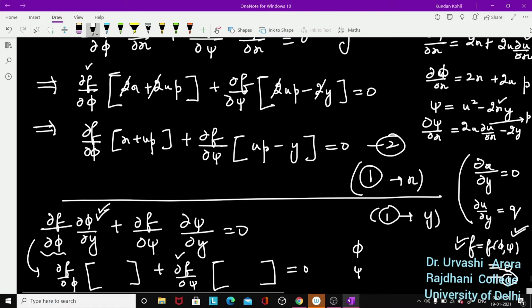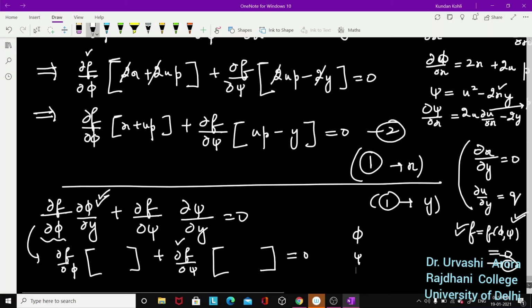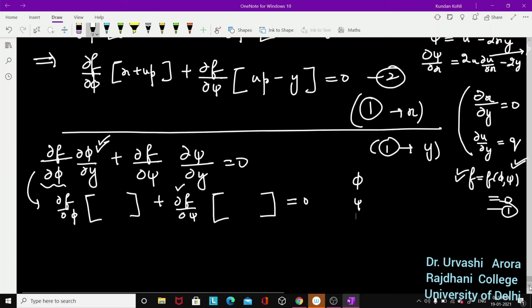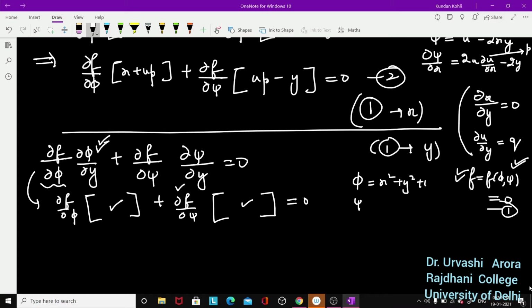So when you calculate the value of del phi by del y and del psi by del y and substitute over here, because phi is given to us, phi is x squared plus y squared plus u squared, and psi is u squared minus 2xy. So you can calculate del phi by del y. The partial derivative of the first term with respect to y is 0, and the rest is 2y plus 2u del u by del y.